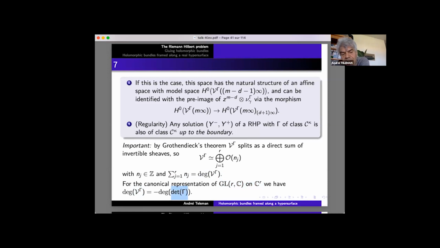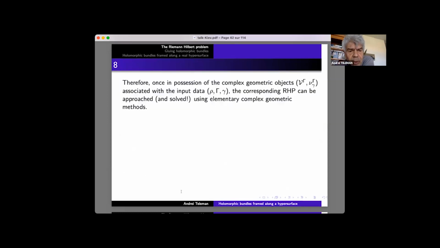The determinant of gamma is a map with values in C star, whose fundamental group is Z, and S is essentially topologically a circle, so you can speak about the degree. So what is the conclusion? Once we are in possession of the complex geometric objects associated to our input data, the corresponding Riemann-Hilbert problem can be approached and solved using elementary complex geometric methods.